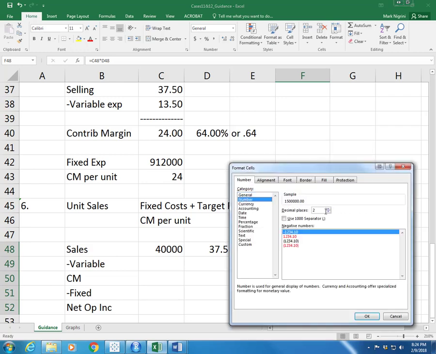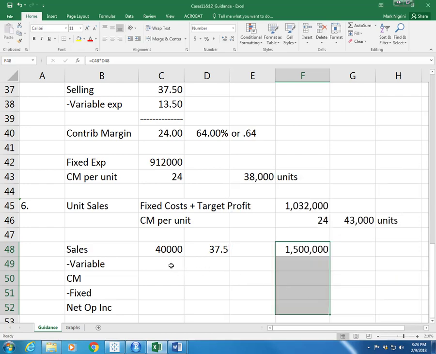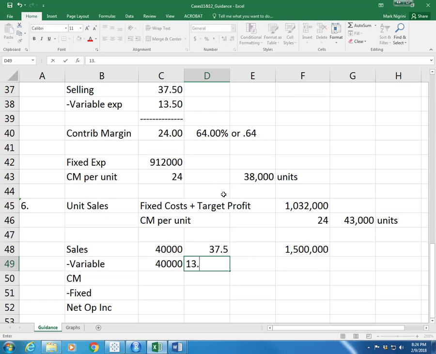We'll do number, no decimals, 1,000 separator. Variable expenses, 40,000. And I have to get the right variable expenses. Should be this one here, the 1350. And I can copy this formula because it's multiplying those two numbers by each other.